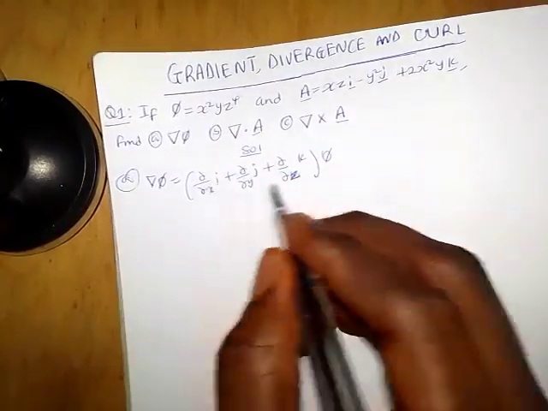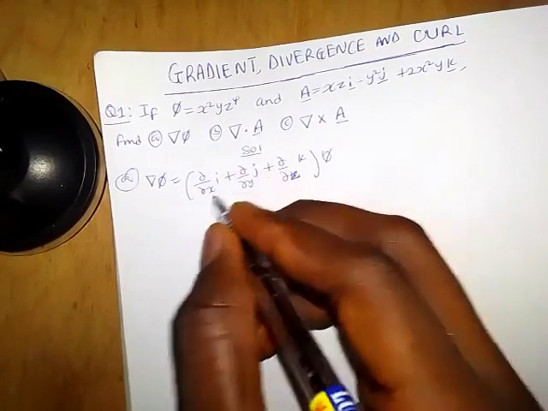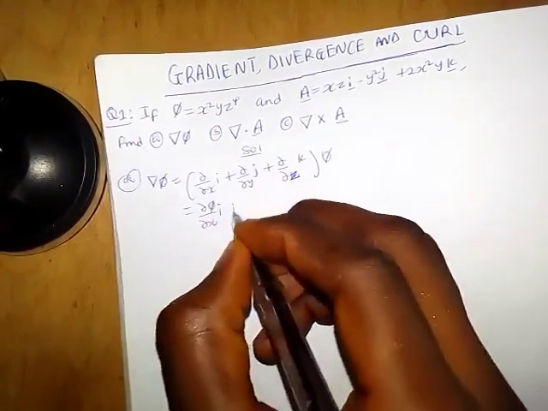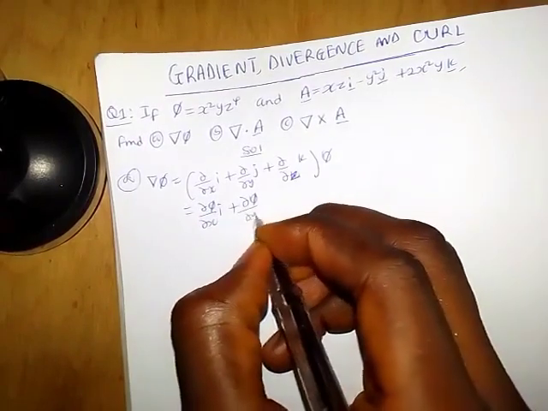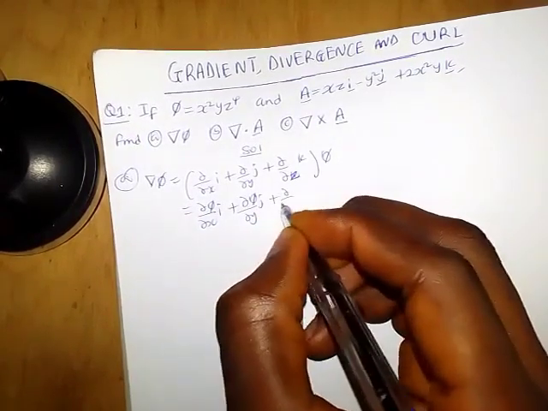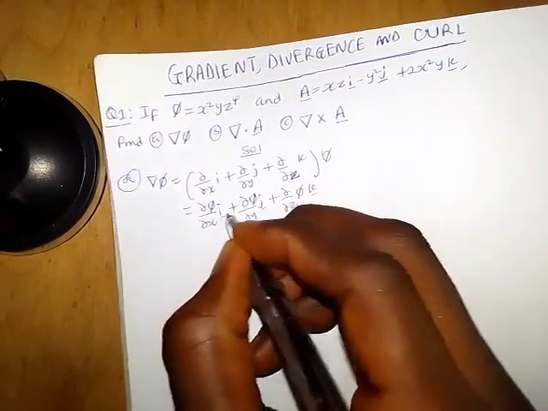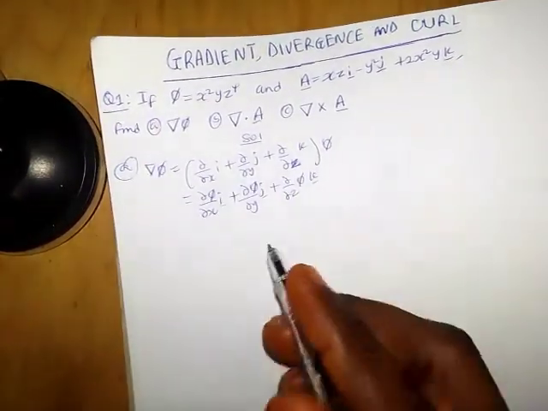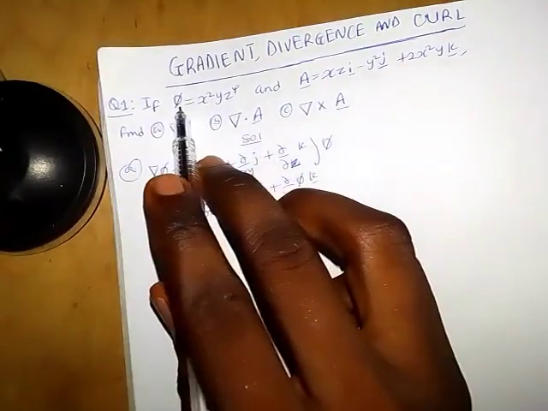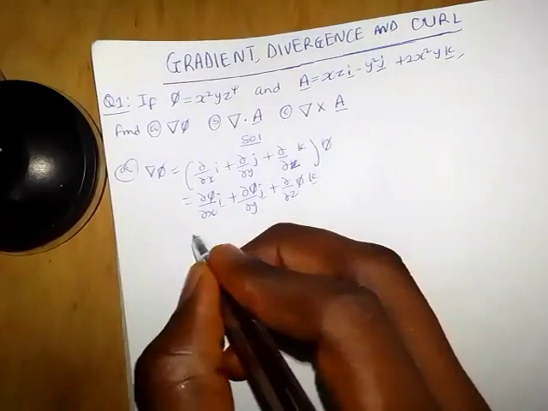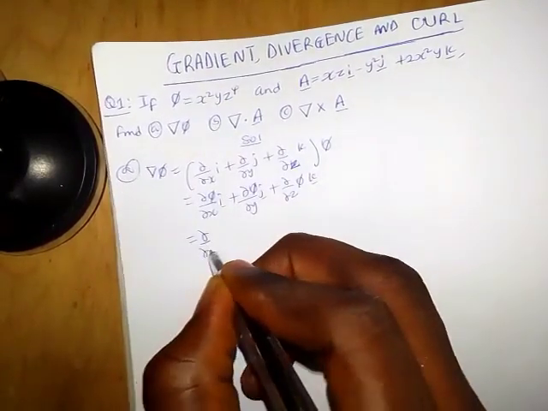So we are going to impose this condition on phi. So we have partial phi partial x i plus partial phi partial y j plus partial phi partial z k. These are just unit vectors i, j, k. So our phi, which is our scalar function, is x squared y z raised to power 4. So we substitute it here.